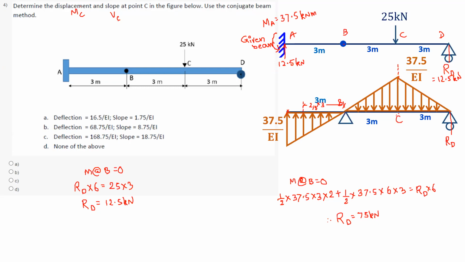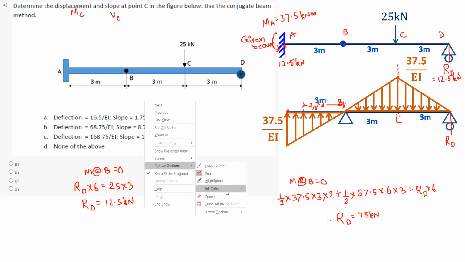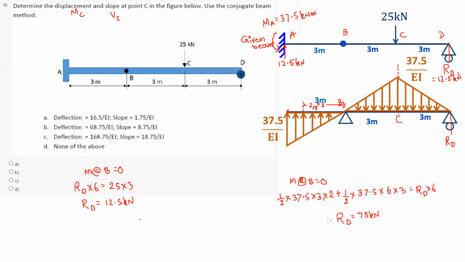Now we have this as point C. So now the shear force at C. I will change the color. The shear force at C equals, now RD, we are considering the left side, so plus or minus sign is not required. Otherwise we have to consider upward as minus. So now I will consider 75 upon EI minus 1/2 into 37.5 upon EI into 3. Try to understand which portion I have considered.